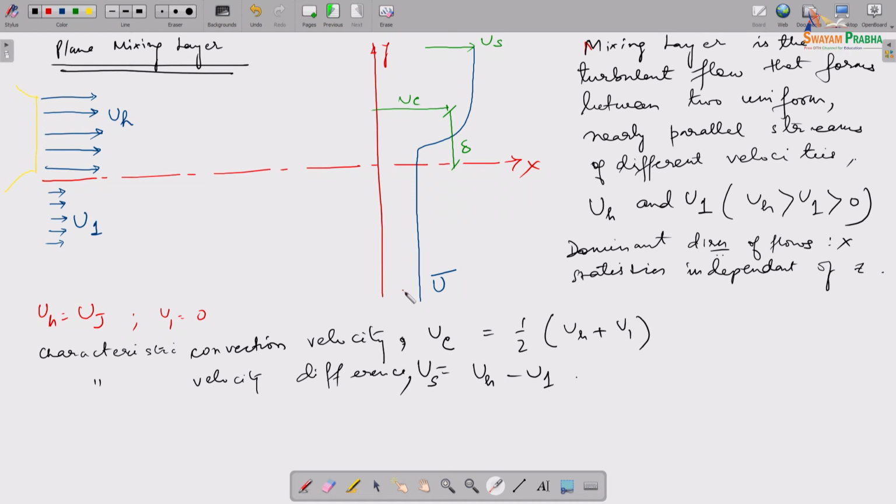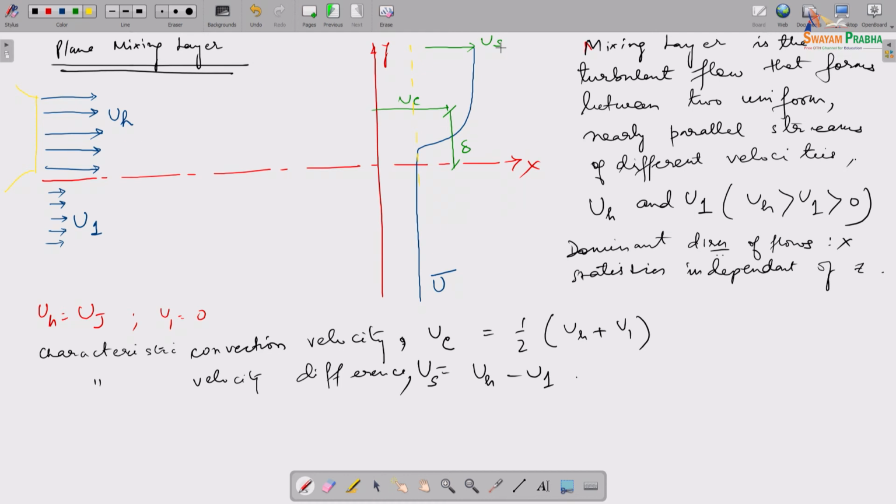So we have two imposed velocities, UH and U1. This is UH, and with that you add the U1. If I draw this line here, maybe this is U1 and this is your UH, so you can superimpose that.